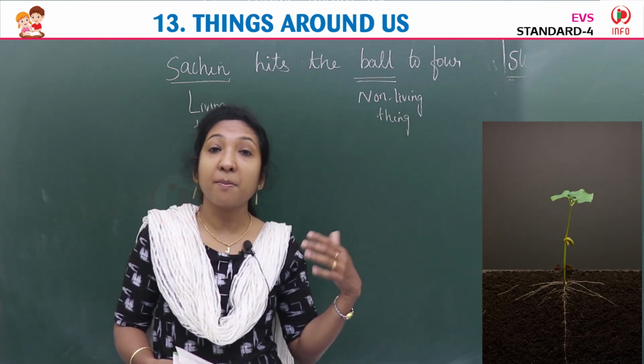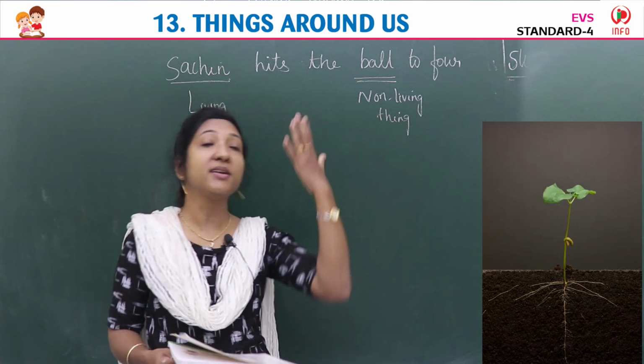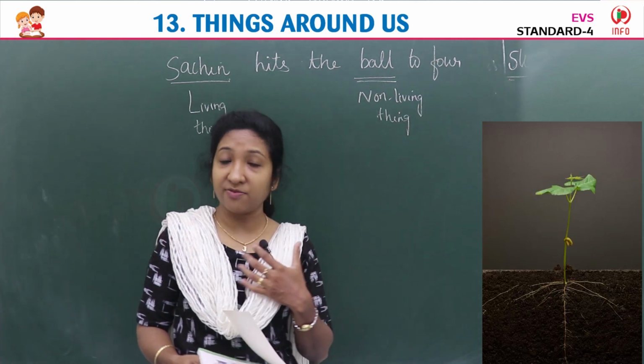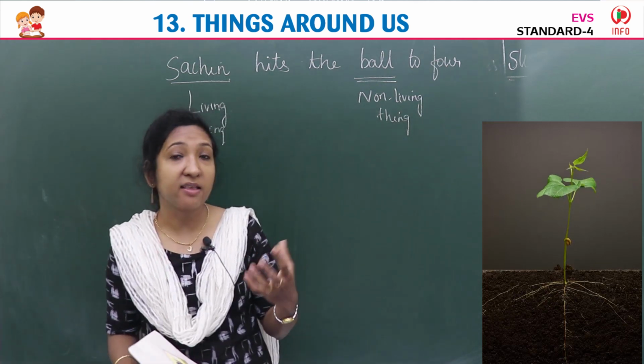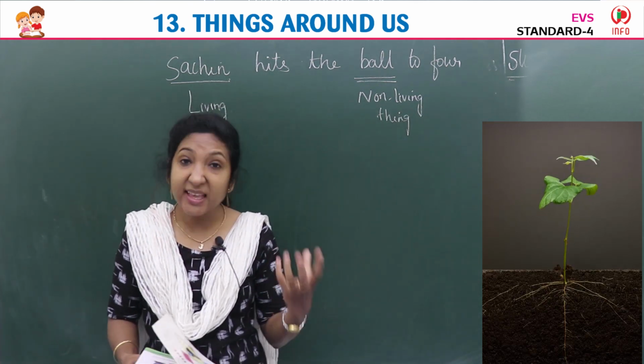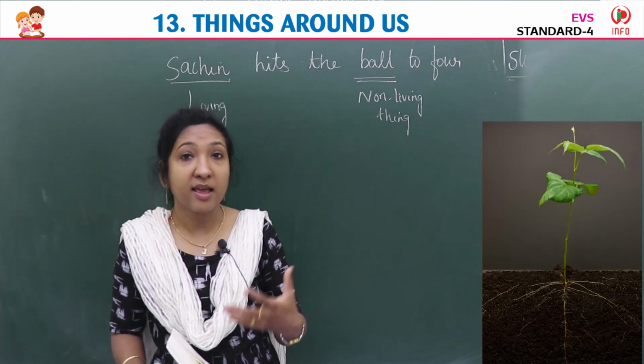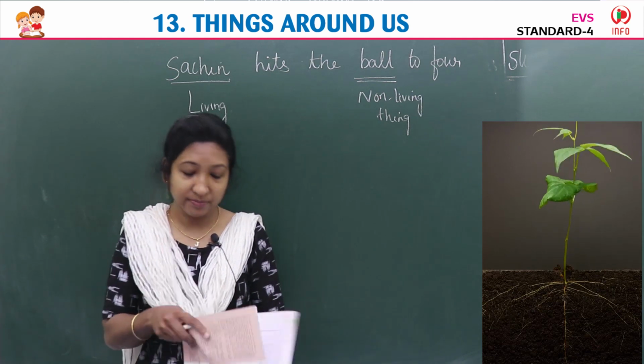So these are the things plants need to grow: air, water, sunlight. So all living things like us, animals, plants, they all need some things to live. Air, water, shelter, they are common, isn't it?